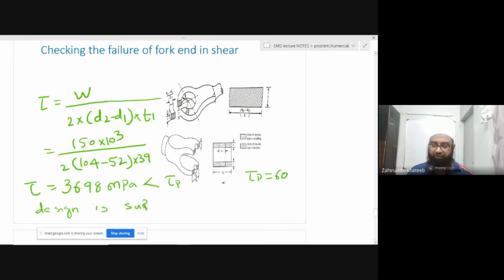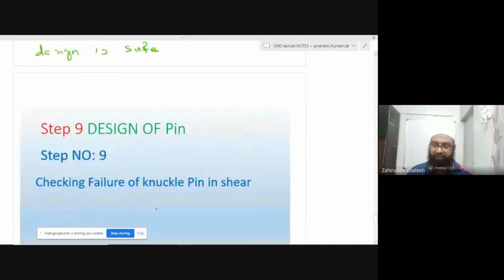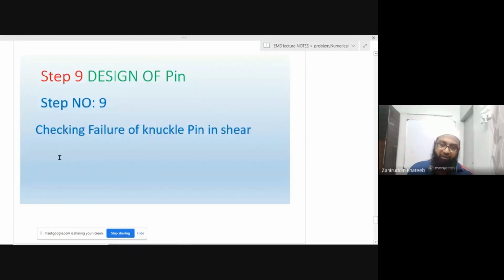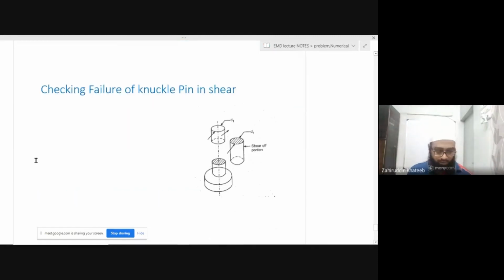Now we'll move to the last step, that is design of pin, checking failure of knuckle pin in shear. You all know in knuckle pin there is double shear. So tau is equal to W upon 2 multiplied by pi by 4 into d1 square.